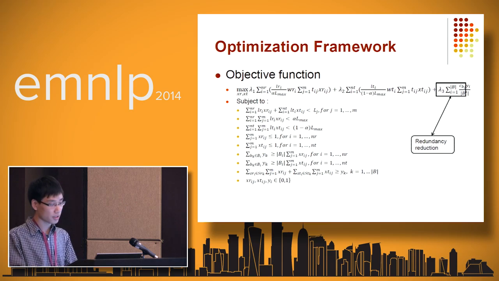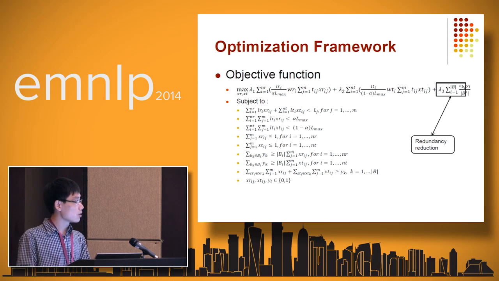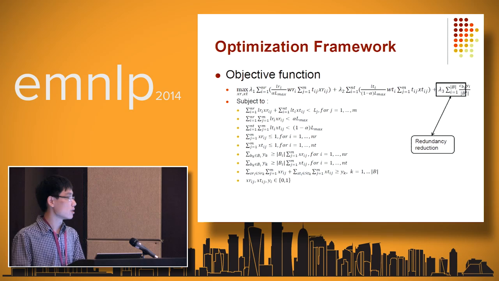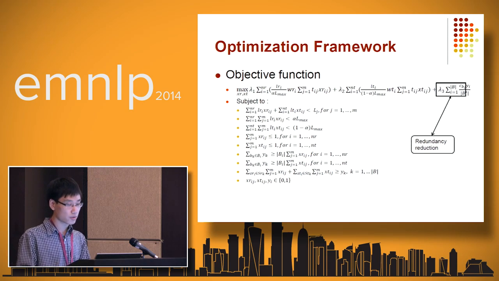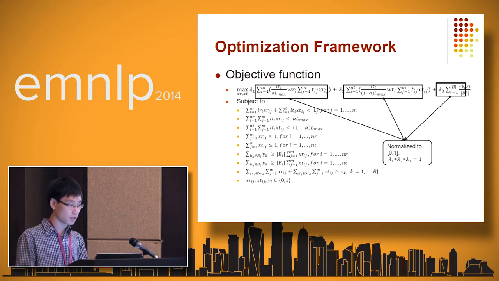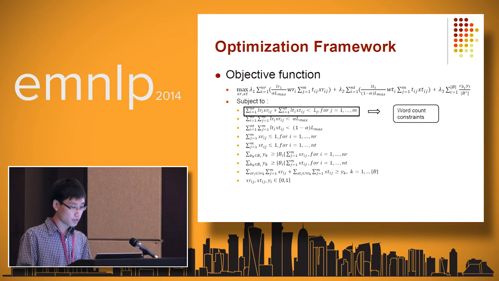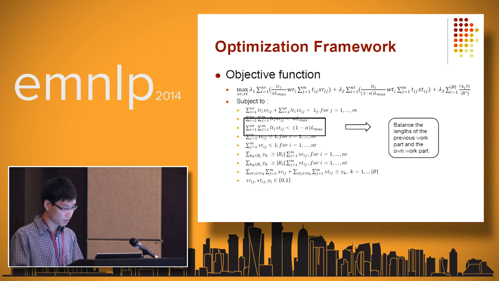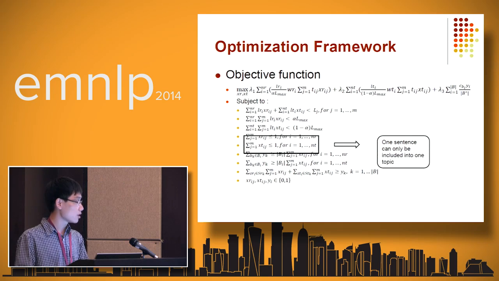The intuition is that the more unique bigrams the related work section has, the less redundancy it has. These three parts are normalized, and lambda 1, lambda 2, and lambda 3 are parameters to tune, and their sum is equal to 1. This constraint I will not discuss here, and you can find the details in my paper.